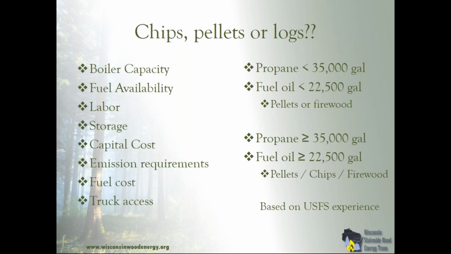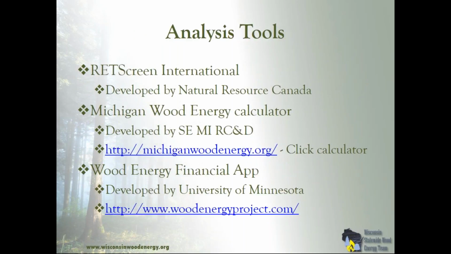A lot of the cost in wood chips is the material handling system. So that's what adds the cost, and a lot of times you have to have a larger system to be able to justify that. But these numbers aren't cast in stone, just a little bit of guidance.